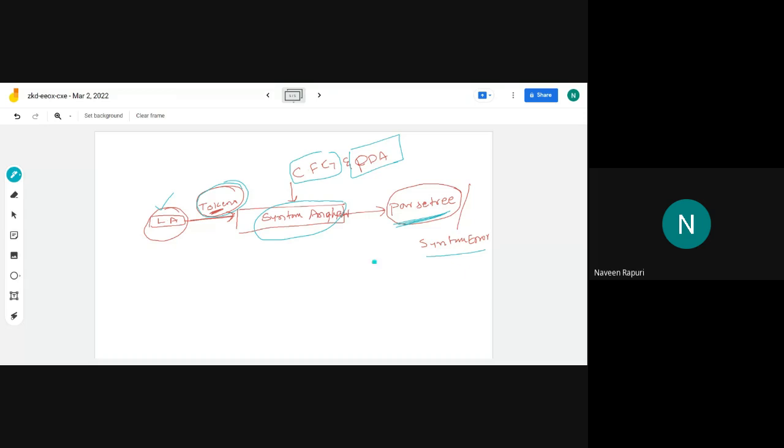Coming to syntax errors, we can see it like this: int a. This is a syntax error, because syntax means the structure of a program statement, the structure of the instruction in the program.